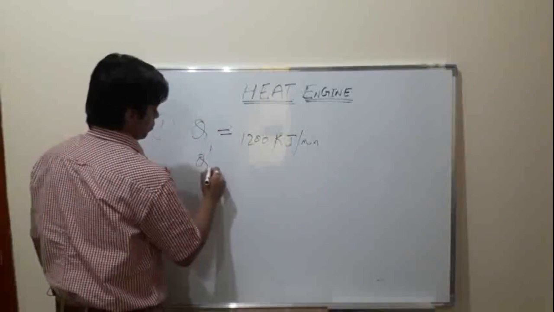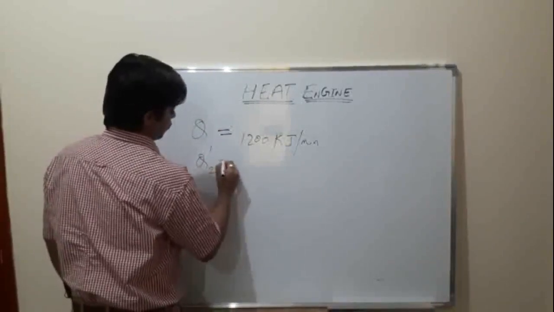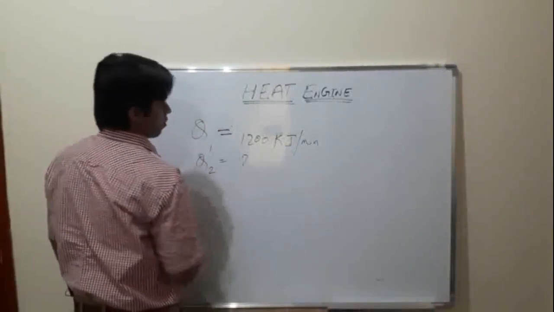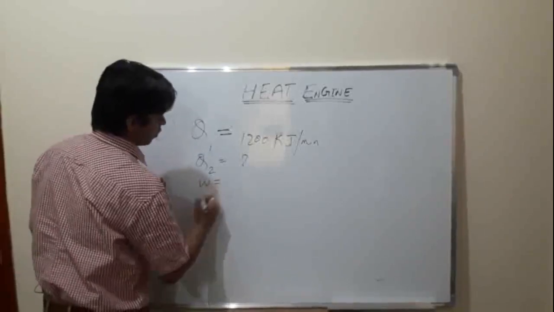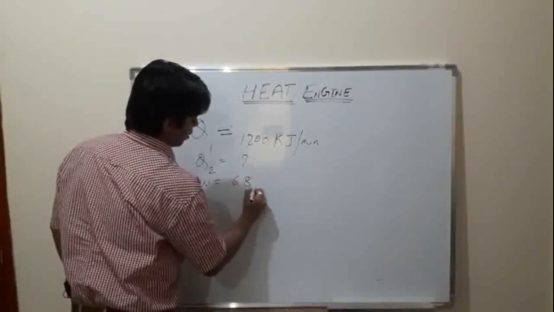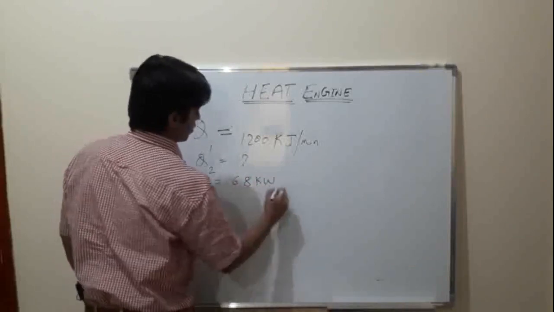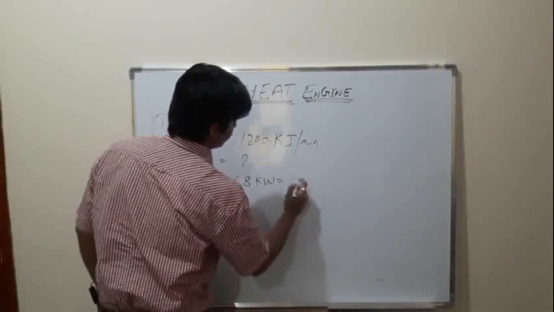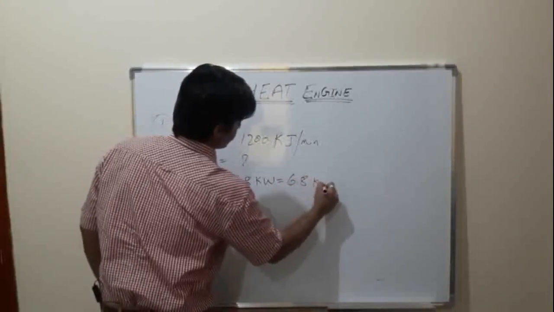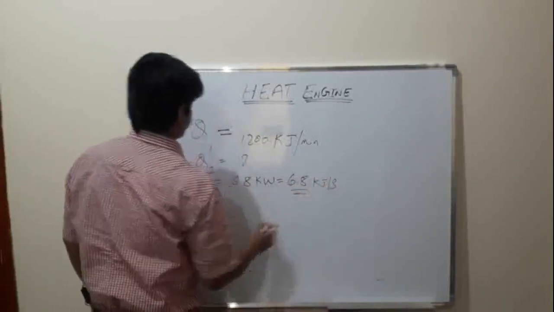Q2, the heat rejected, we have to find out. Work done, W, equals 6.8 kilowatt, that is 6.8 kilojoules per second.